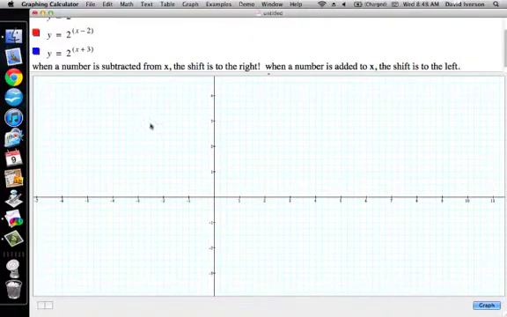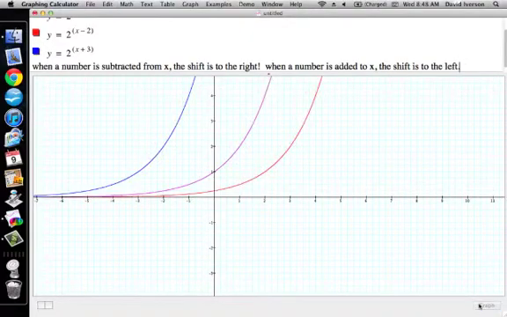So there's sort of a pattern showing up in what I do to the y. More A means more vertical stretch, but then more B means less horizontal stretch, and then a minus C means that I move to higher values, and a plus C means that I move to more negative values.